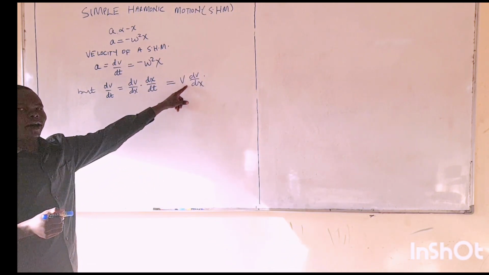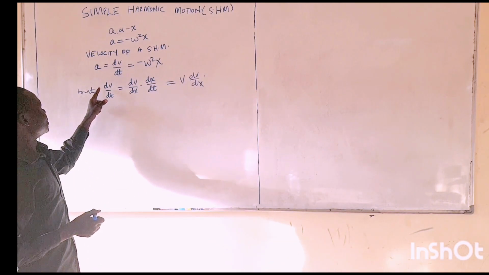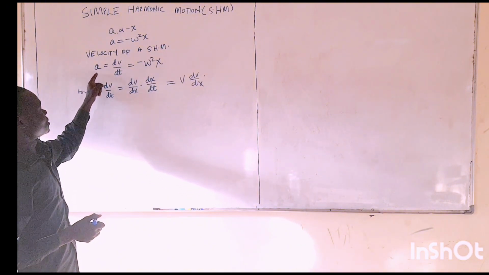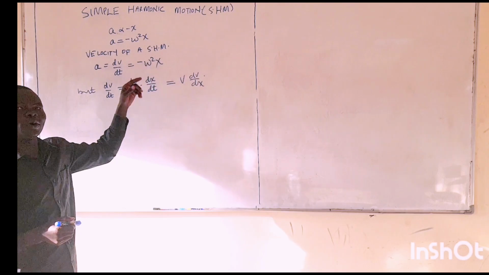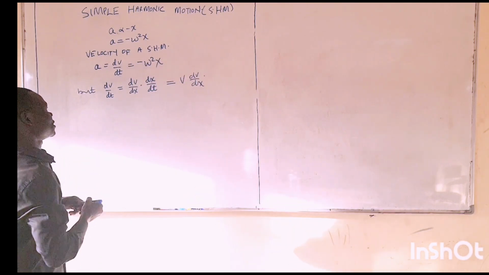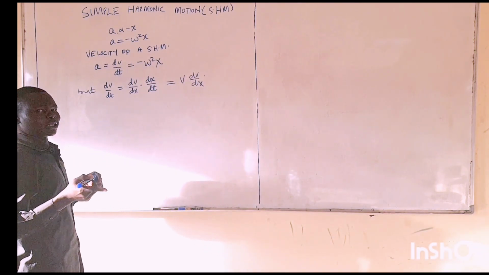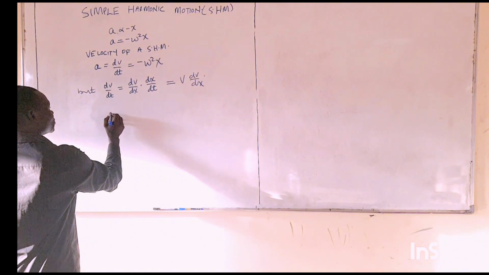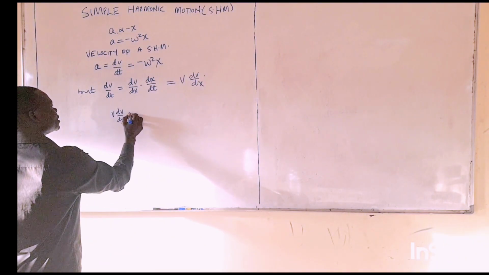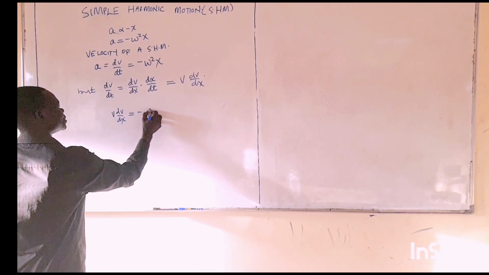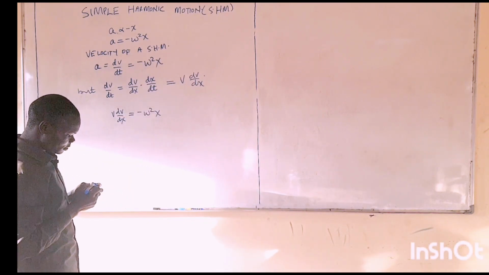This is our acceleration. Of course, it was derived from here. It is this expression that we shall equate to negative mu squared x, just so that we go on and get our velocity. So v dv over dx is equal to negative mu squared x.